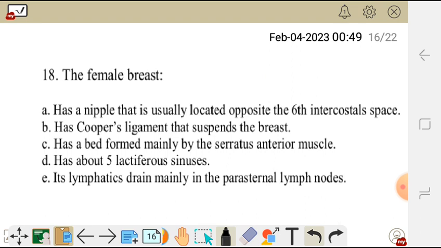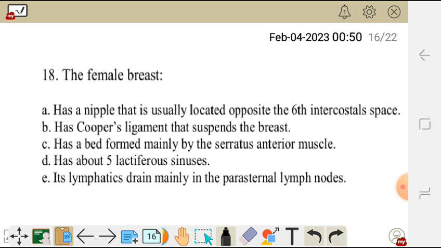Question 18, the female breast. The female breast, A, has a nipple that is usually located opposite the fifth intercostal space, B, has Cooper's ligament that suspends the breast, C, has a bed formed mainly by the serratus anterior muscle, D, has about 5 lactiferous sinuses, and E, its lymphatics drain mainly in the parasternal lymph nodes.